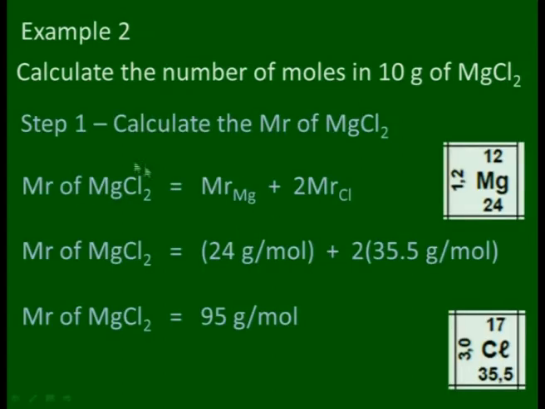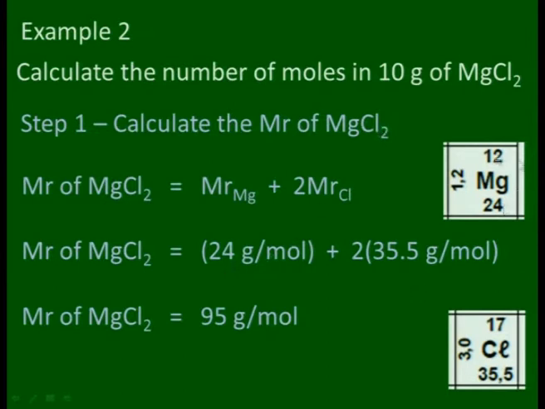So step 1 is to calculate the molecular mass of magnesium chloride. The molecular mass of magnesium chloride is then the molecular mass of magnesium plus 2 times the molecular mass of chlorine, because there are 2 chlorines in magnesium chloride.